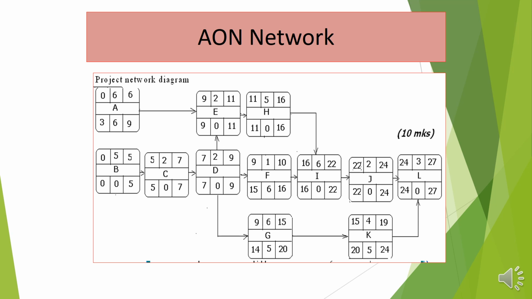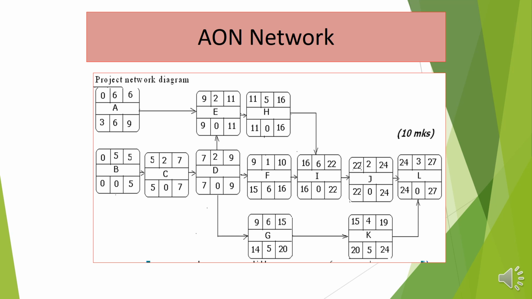So that it is able to supply E, F, and G, it must be ending at 9. So that it can supply E at 9, F at 15, G at 14. So we roll the project backwards, and that is the backward pass.